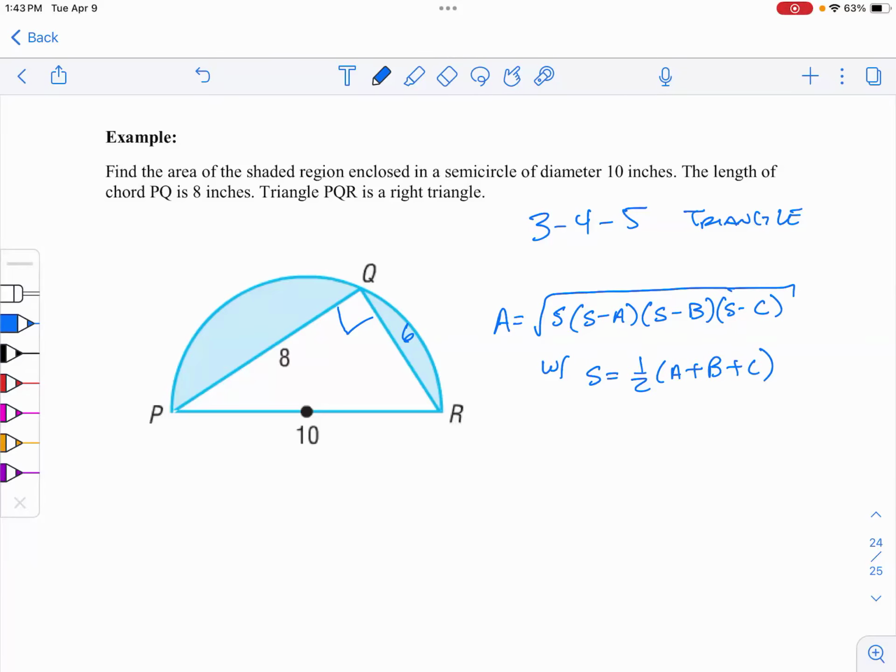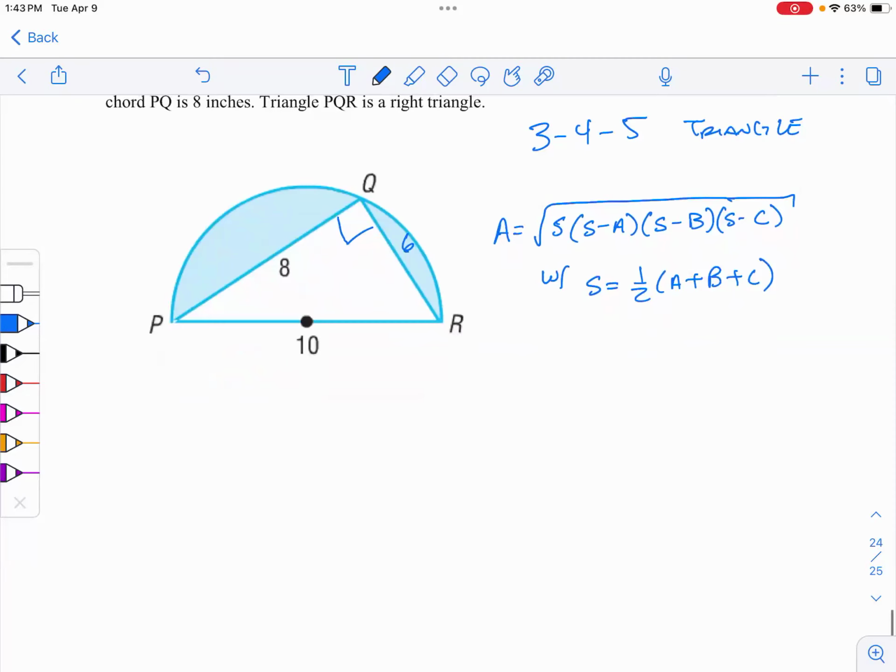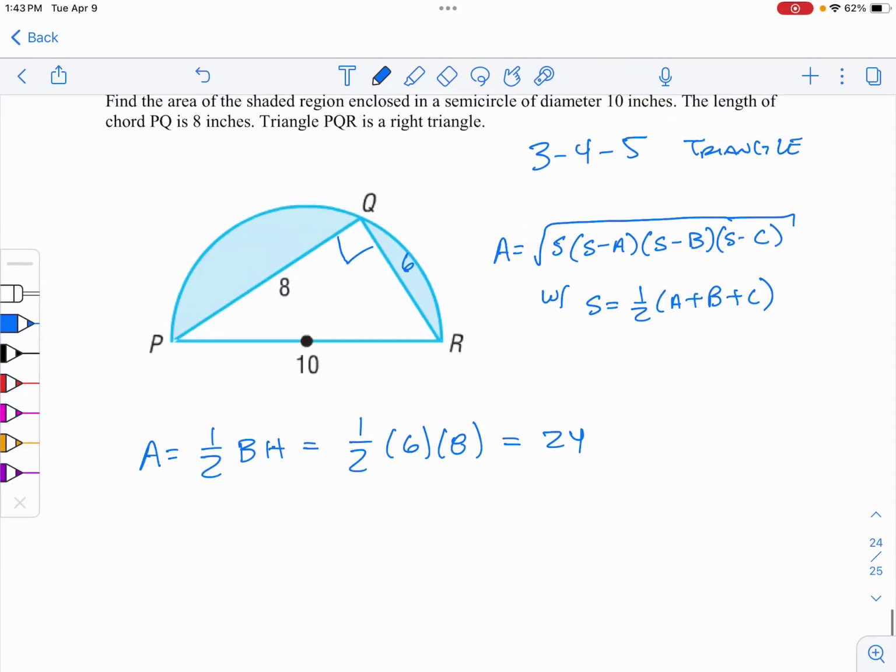So 6, 8, and 10 are my sides, but I could actually do this way faster. I wanted to calculate Heron's, but don't forget A equals 1/2 base times height. I actually have the base and the height here. And this only works because this is a right triangle. If this wasn't a right triangle, this wouldn't work. And if you do Heron's formula, it would come out the same.